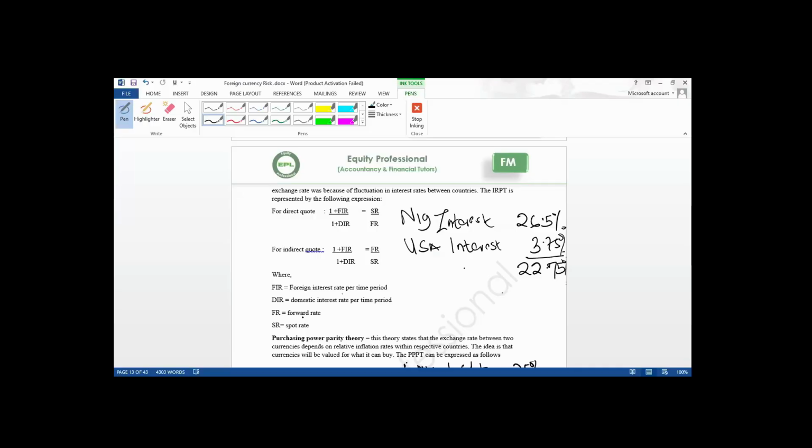According to purchasing power parity theory, if inflation rate in your country is high, your currency value will depreciate compared to a country with lower inflation rates.